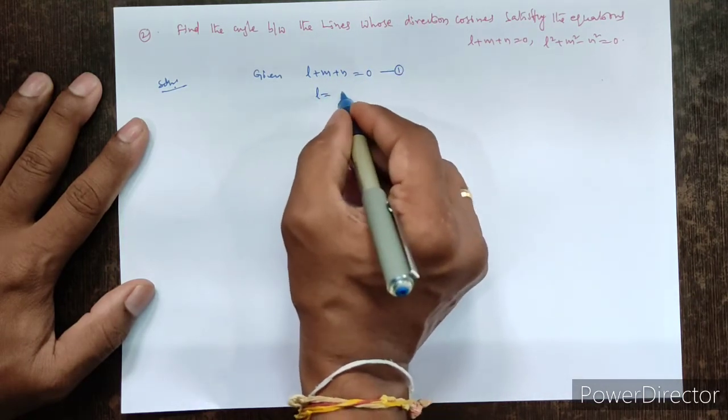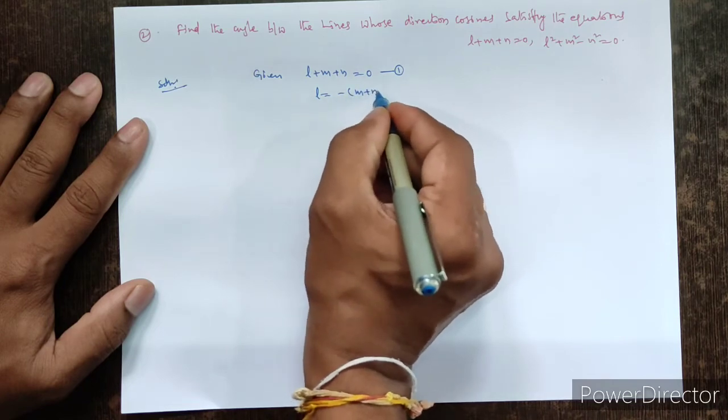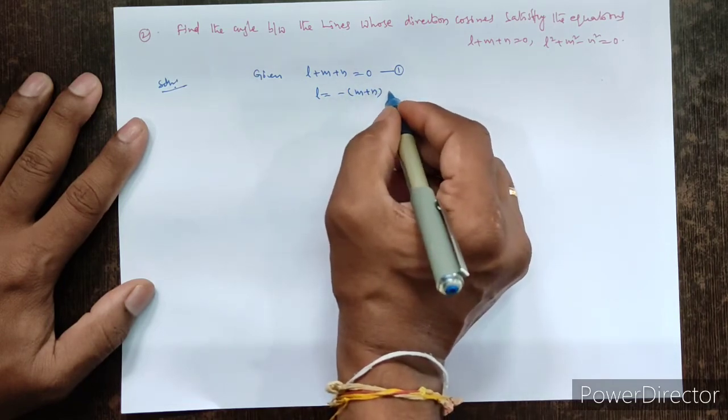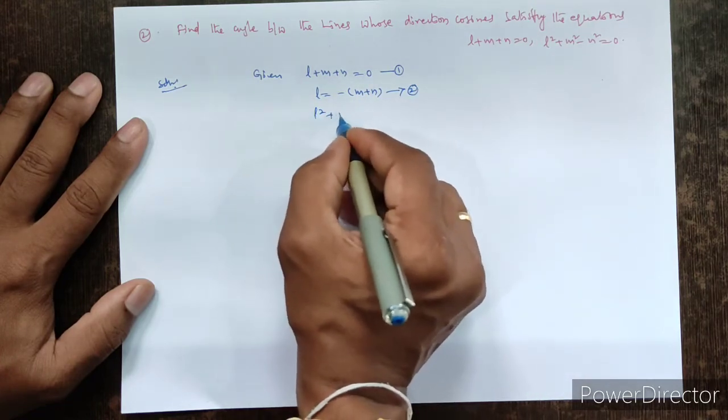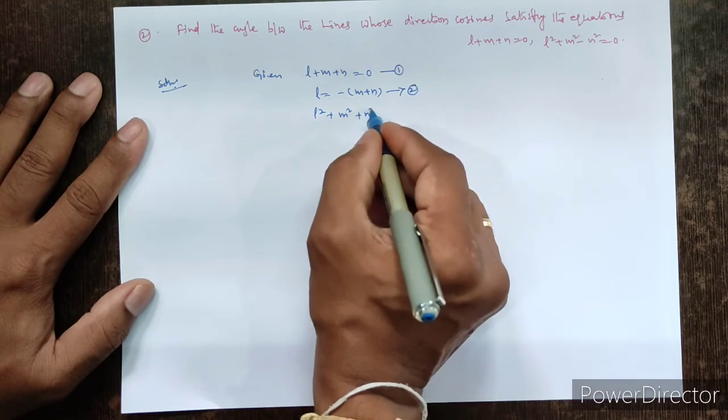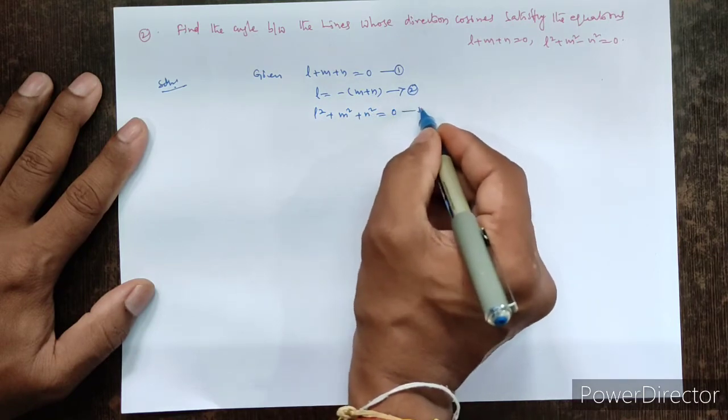From here you can find L equal to minus of (m plus n), this is equation 2. And one more relation, L square plus m square plus n square equal to 0, this is equation number 3.